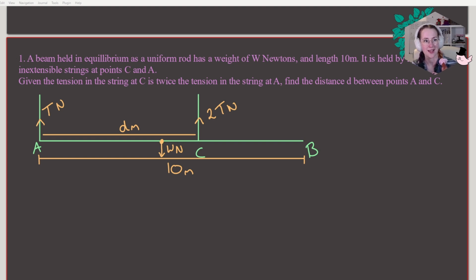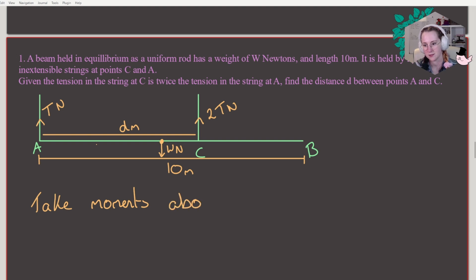Anyway, should we go back to maths? So we need to figure out the length d, the distance between A and C here. So I'm going to take moments about A. Force through the point we ignore, okay? We don't worry about that T moving upwards just yet.